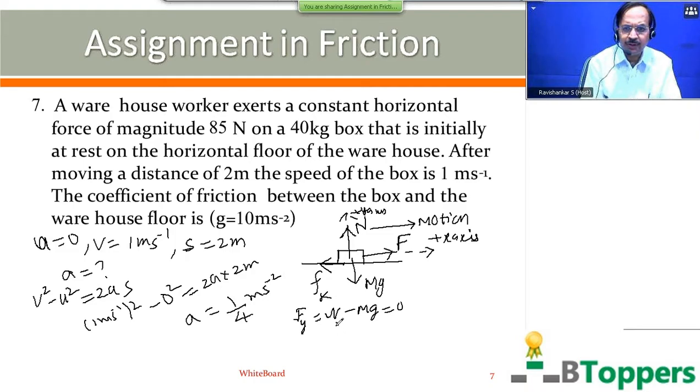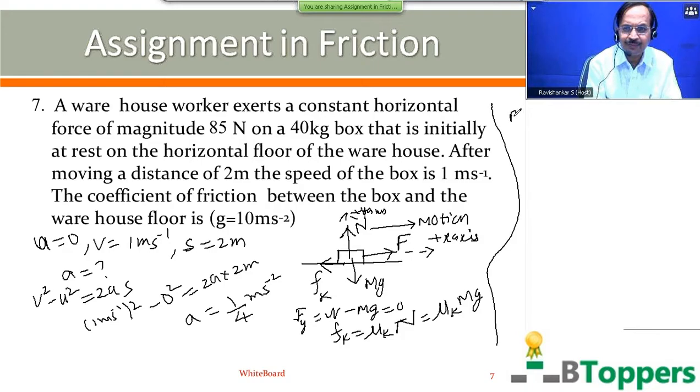The magnitude of the normal reaction is equal to mg. So the magnitude of kinetic friction of the body is equal to mu k into mg. The x component of the resultant force, Fx, is equal to the magnitude of the horizontal force applied minus the magnitude of kinetic friction, which equals m into a.